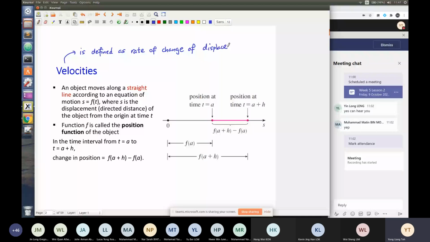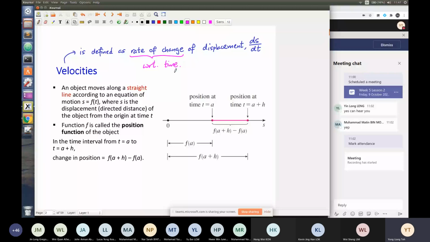Okay, or in short, ds/dt. Whenever you see rate, right, unless otherwise specified, rate is always pertaining to time. Okay, so this rate of change, right, is always with respect to time. Okay, unless otherwise specified, of course.